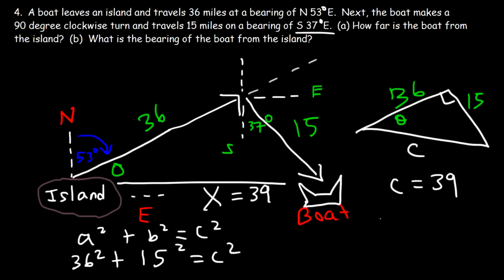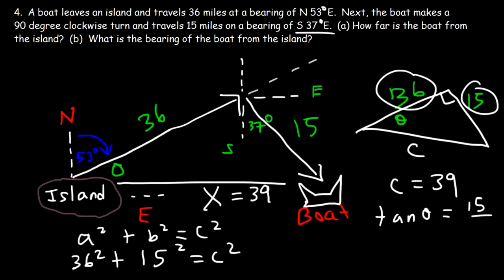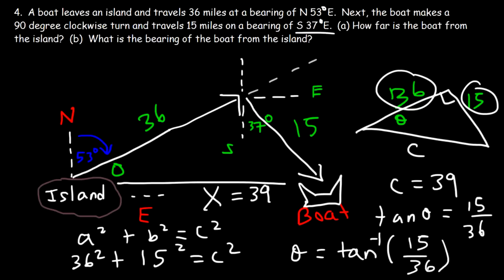And we could use tangent to do so. Tangent theta is equal to the opposite side, which is 15, divided by the adjacent side, which is 36. So therefore, theta is arctangent 15 divided by 36. So you get an angle of 22.6 degrees.